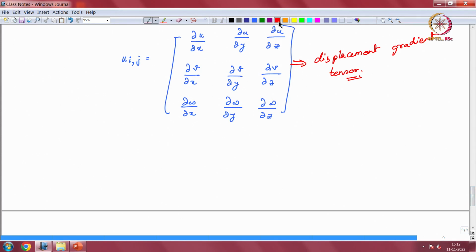Now, it is usual for us to write down this particular tensor, the displacement gradient tensor, as a sum of two other tensors, which I will call Eij plus omega ij, where Eij is also called the strain tensor, and omega ij is also called the rotation tensor.